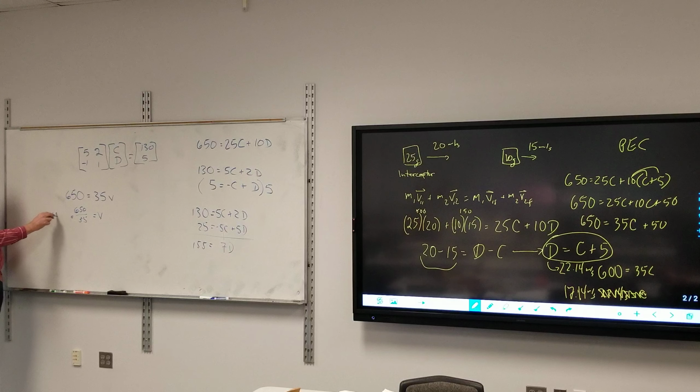Then we got 35V from adding up the two masses. This is the perfectly inelastic collision. For method 3, you've got to do this step first, because this is the velocity that you'll need to subtract from each of the initial velocities to bring them to the zero momentum frame. Okay.